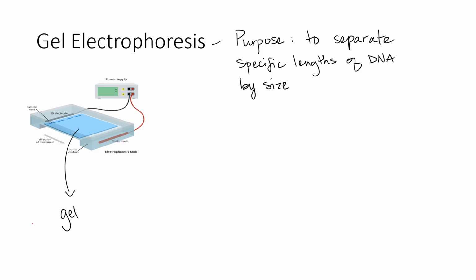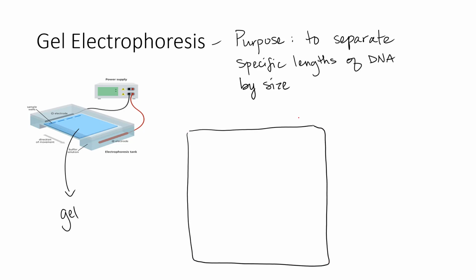And you pour it, it looks a lot like Jello actually. It's like making Jello, you pour it into a mold, and it's this square or rectangular gel, and it actually is called agarose. So it's made out of something similar to agar, which is a gelatin material derived from seaweed.